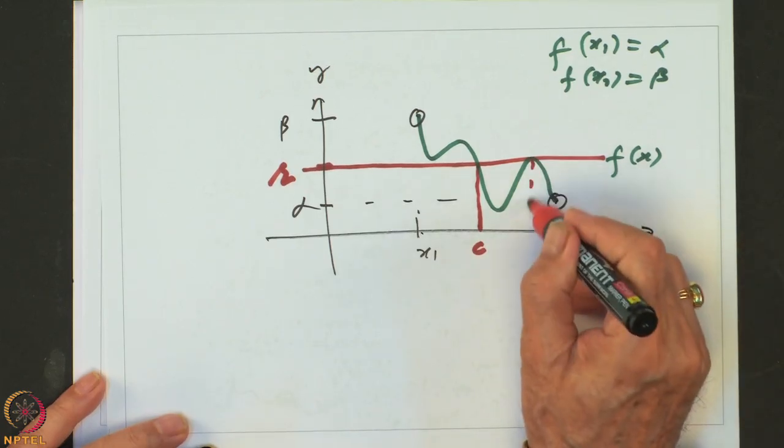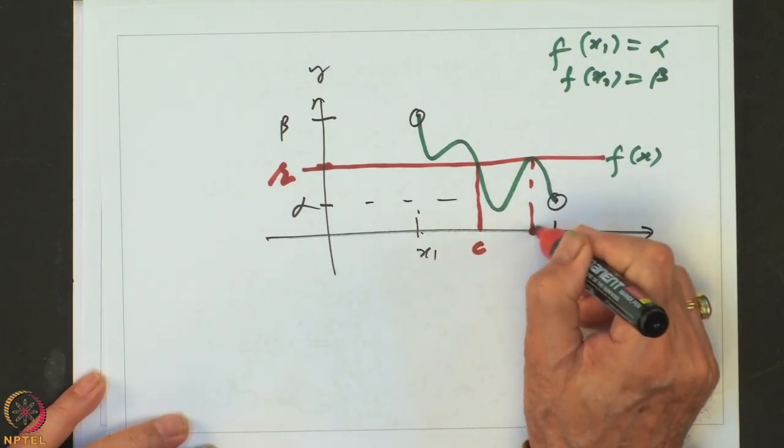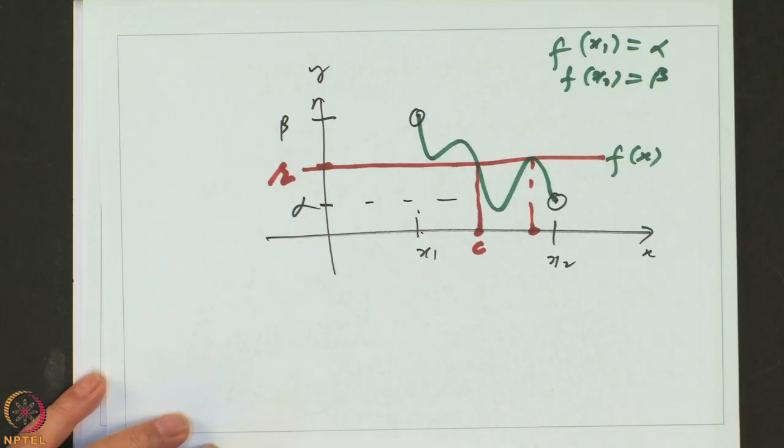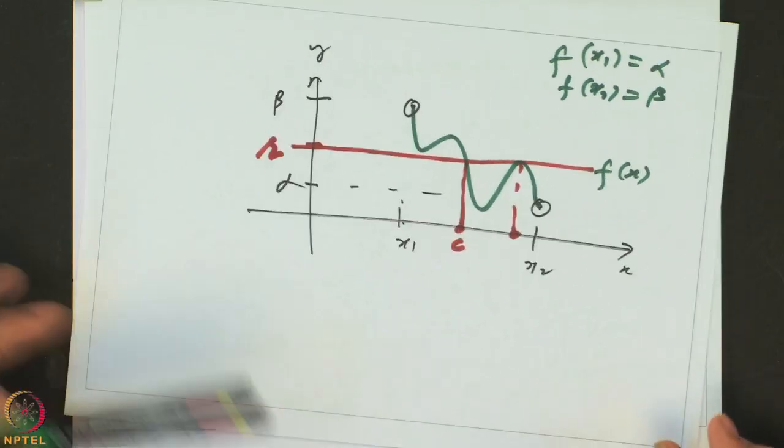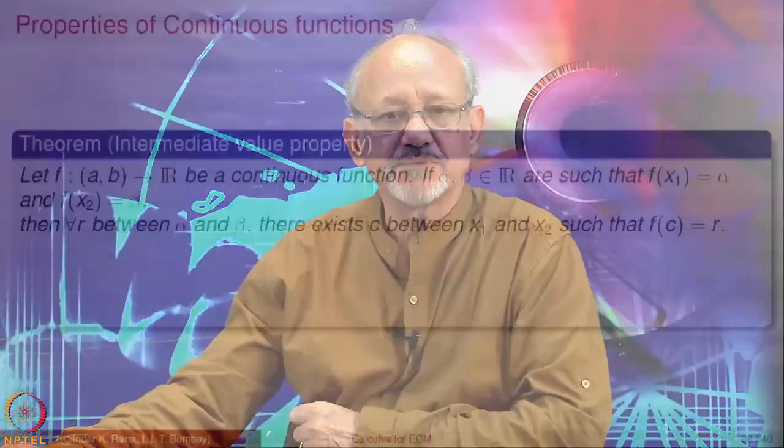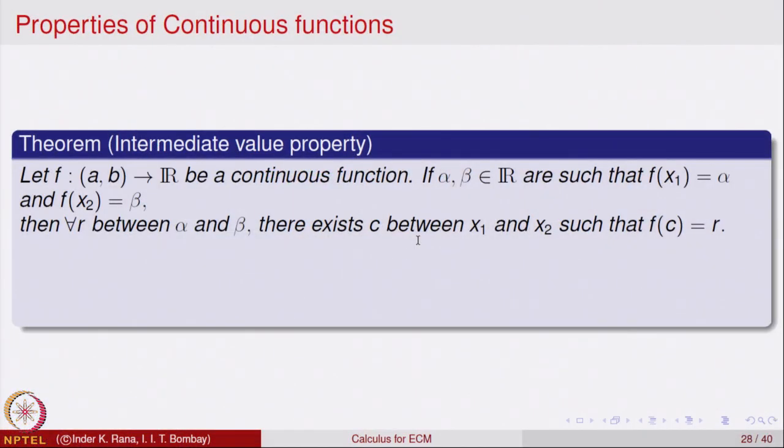Actually, in the picture I have drawn, there are 2 points where this value is taken. So, the theorem says that there will be at least one point where the value will be equal to r. So, this is what is called the intermediate value property. Let us also look at the negation of this statement. If this value is not taken, what does that mean?